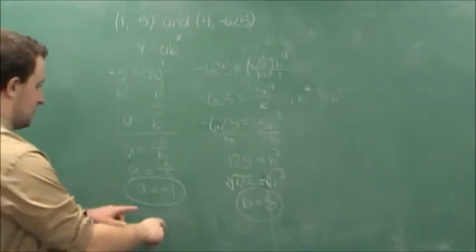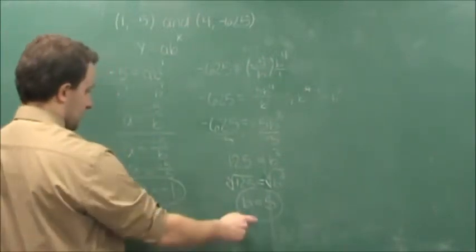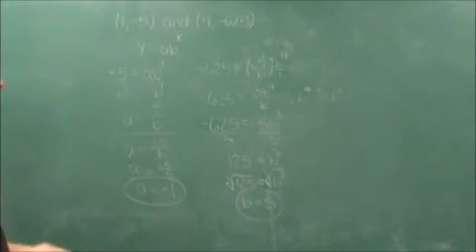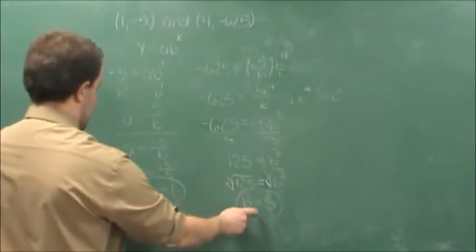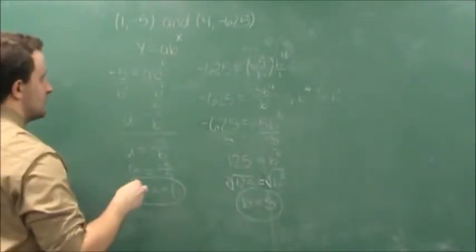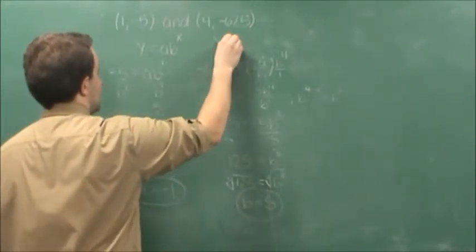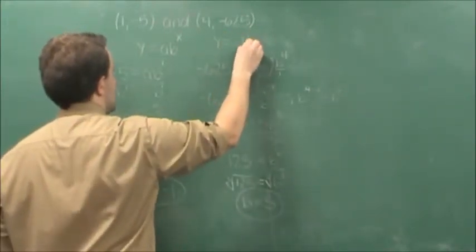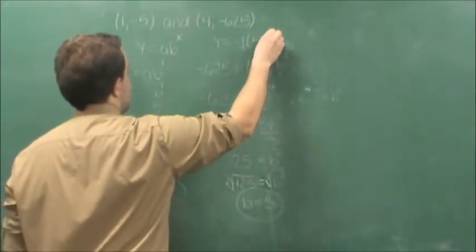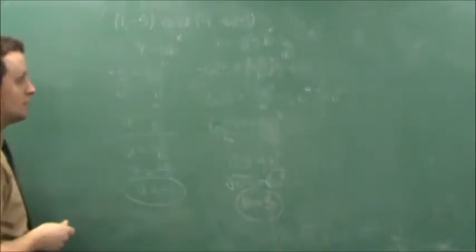So now we just found our value of a and our value of b. Now we can plug these back into our general form. And that becomes y equals negative 1 times 5 to the x.